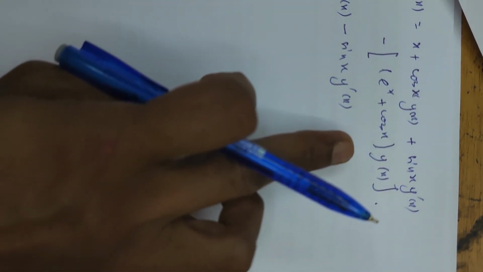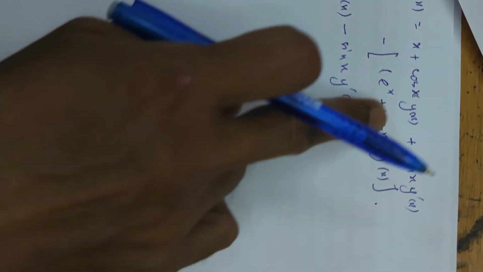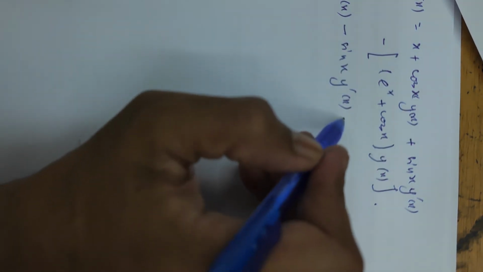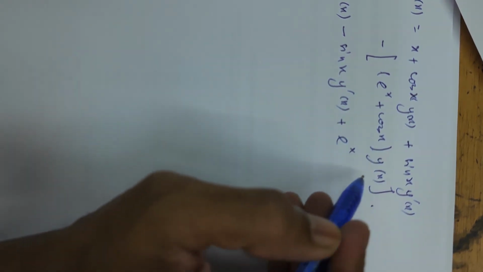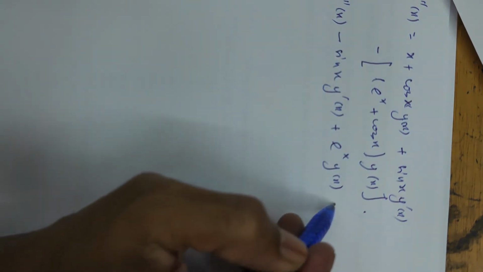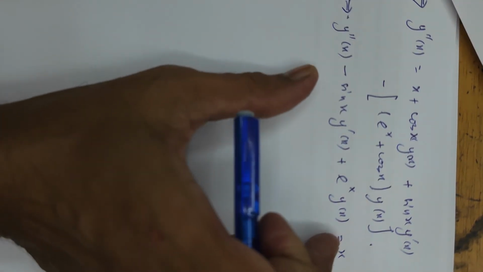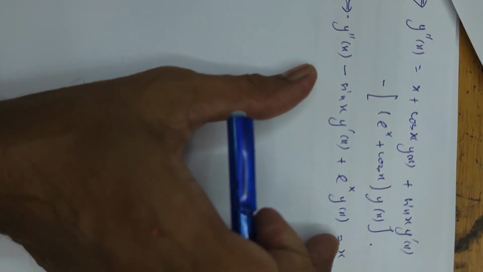Then you got minus cos here, that's cancelled out, so what is left is only e to x. So we have plus e to x y x, equal to x. So this is the original given differential equation.